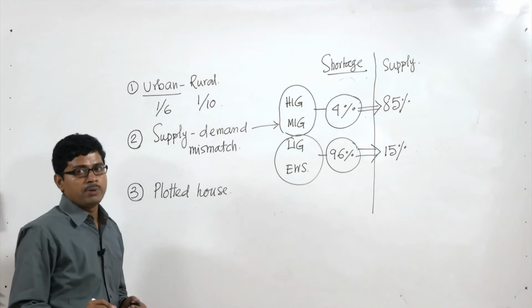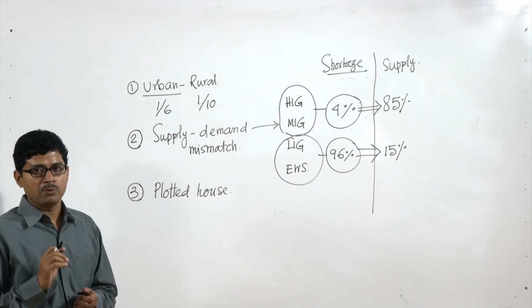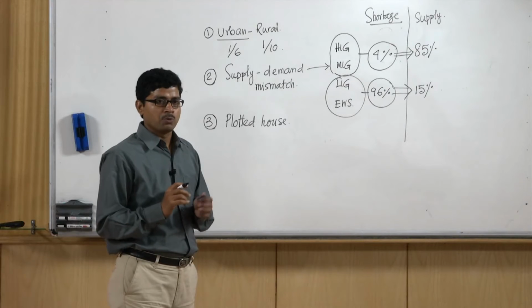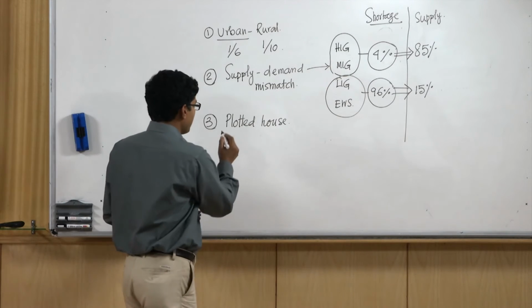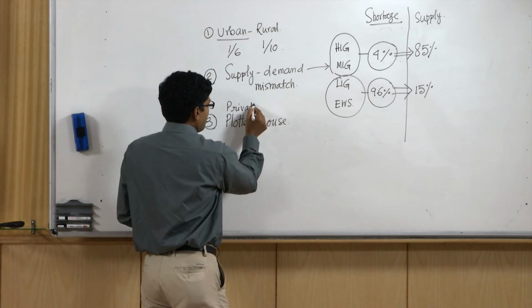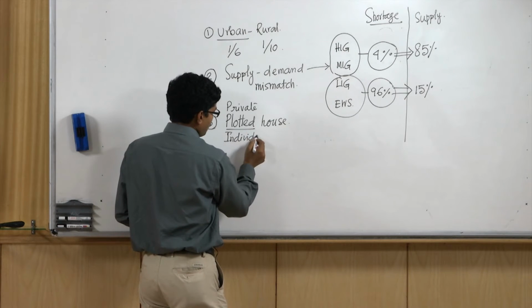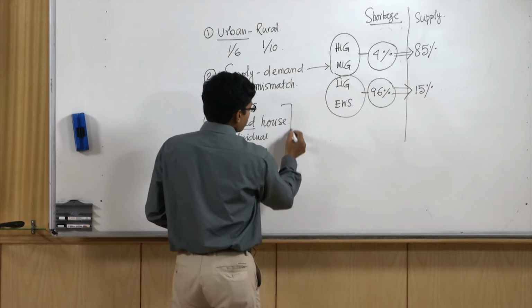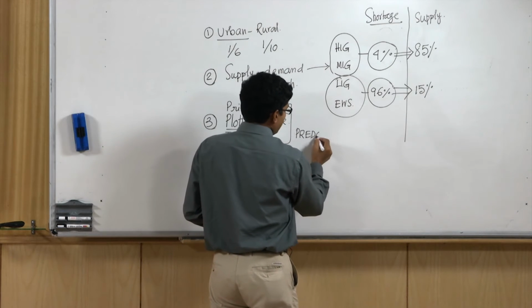Mostly we build our house, we buy a plot, we make our house, and this is the predominant practice we see in urban areas as well as rural areas. So, private plotted and individual. These are the predominant set of practices in India.